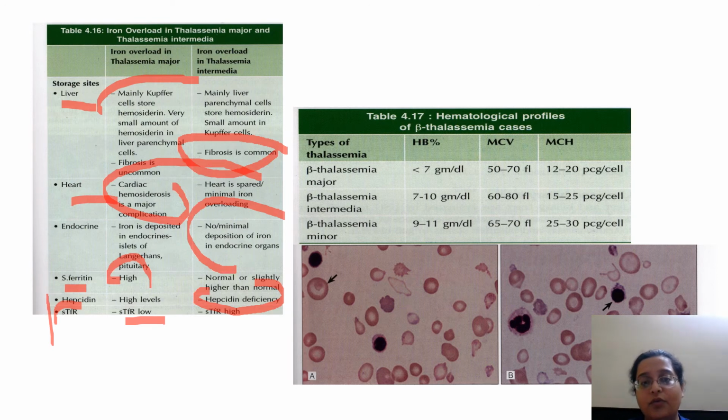So if you go for the types, as I had mentioned, are important, then there's major, intermediate and minor depending on the hemoglobin levels and the MCV. Now, what is important to know is that to differentiate between alpha thalassemia and beta thalassemia on smear is difficult. To differentiate between any hemolytic anemia is difficult until unless it is specific hemolysis, like G6PD deficiency or spherocytosis, elliptocytosis, something like that, or HbC crystals, these are very specific diseases.